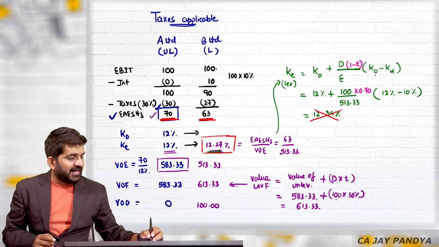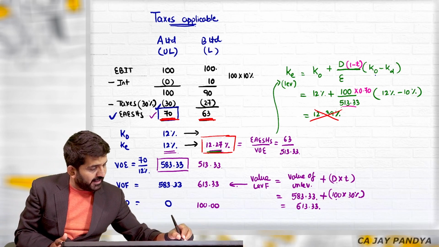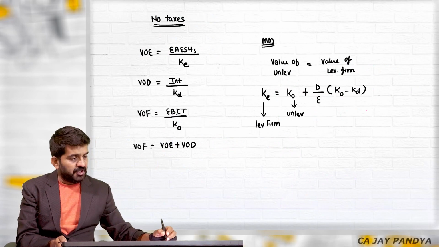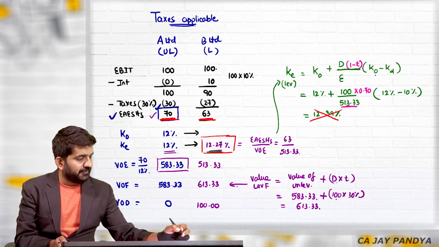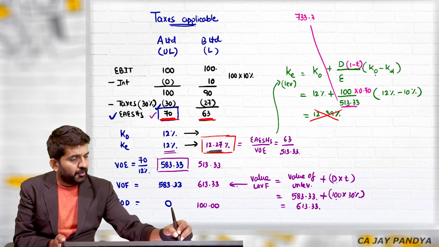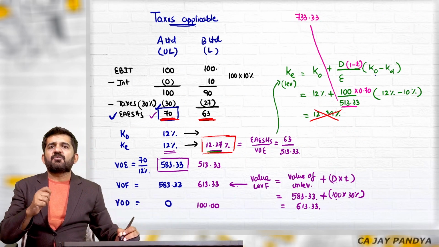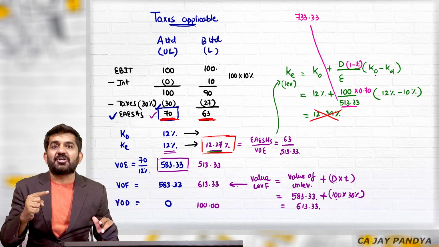Please understand this 513. Let us compare with the previous figure. What should be the figure over there? 733.33. What was the value of equity when we were having no taxation? 733.33.